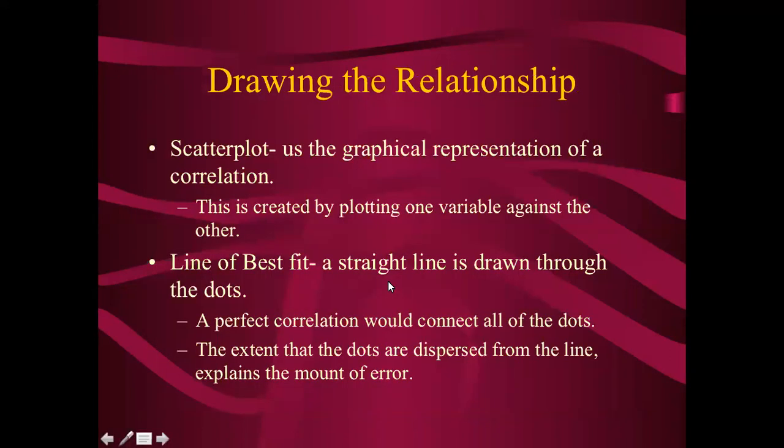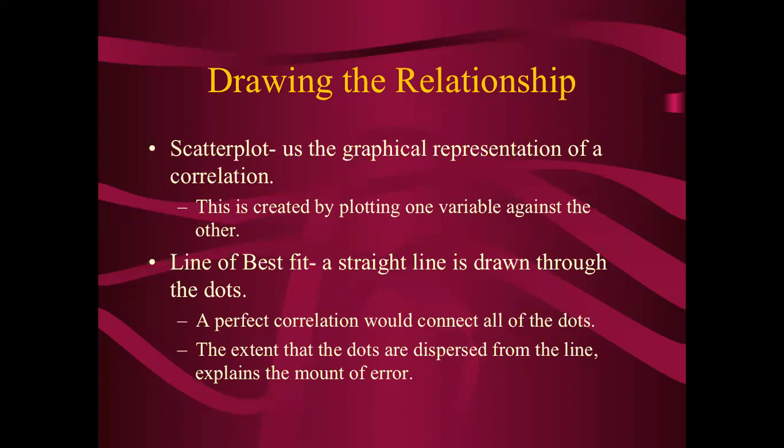Now, I introduced to you other terms as well, right? So I introduced to you the term of scatter plot. A scatter plot is a visual representation of the dots. Now, keep in mind, with a correlation, you're linking at a minimum two variables.